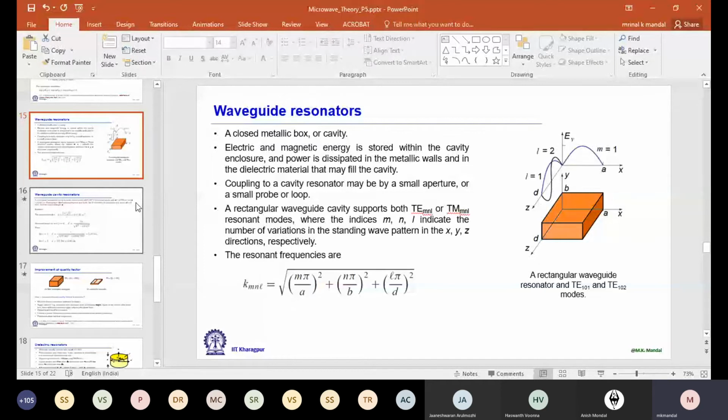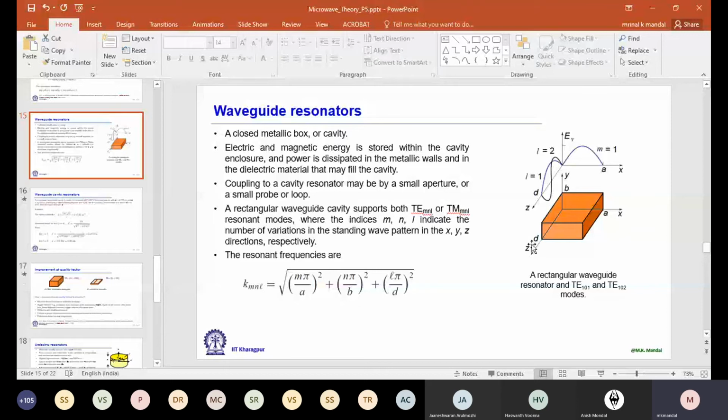So from the field concept, if I consider this variation along z, then at the ends it is shorted. If I consider the TE scenario, for transverse electric the field is in the y direction.